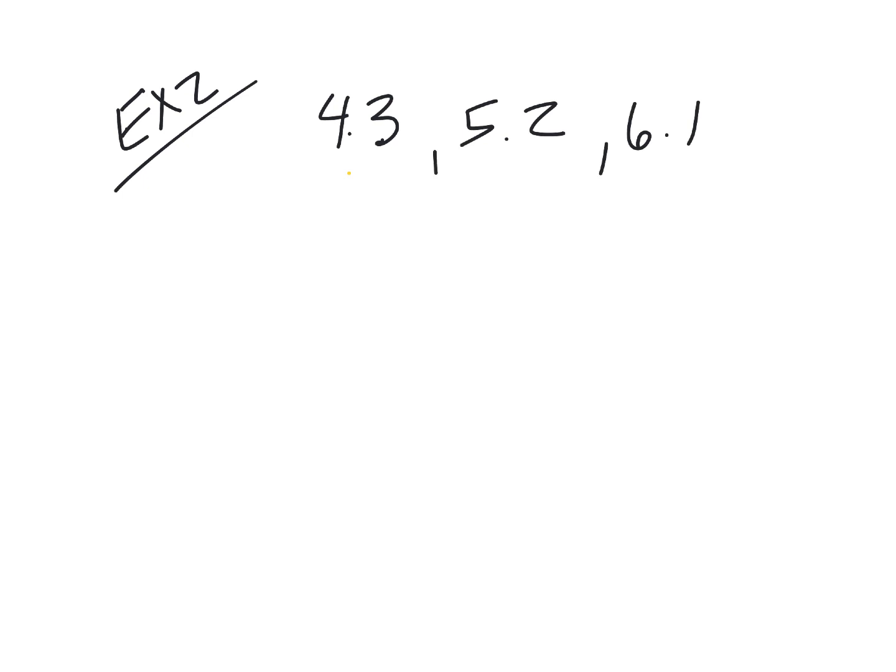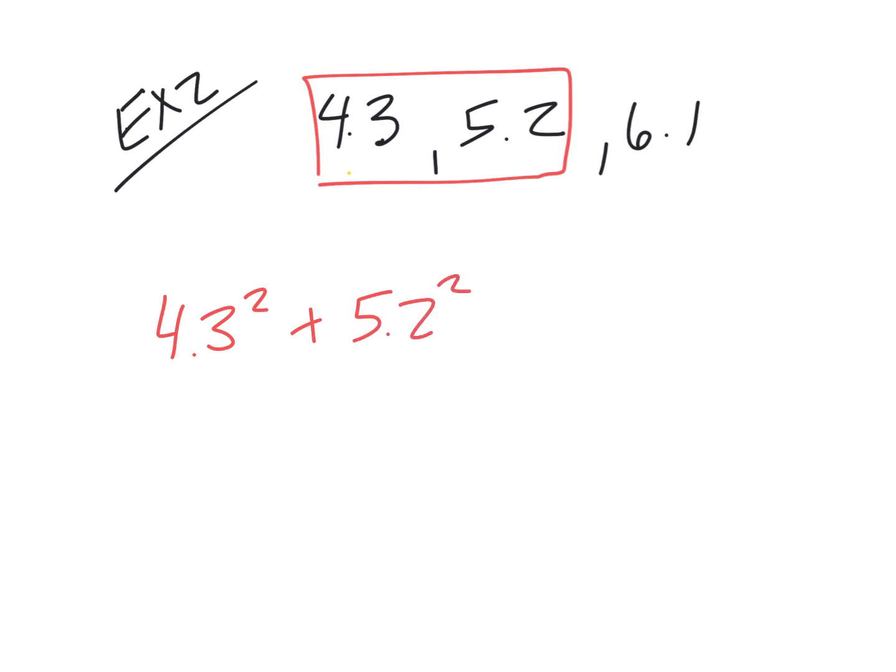So then now we're going to use the Pythagorean theorem to decide which label we're going to give it. So these are your shorter ones, so we have 4.3 squared plus 5.2 squared equals 6.1 squared. Okay, so 4.3 squared is? 18.49.